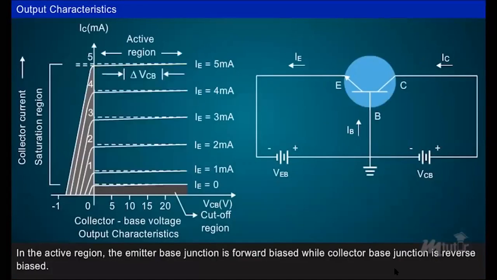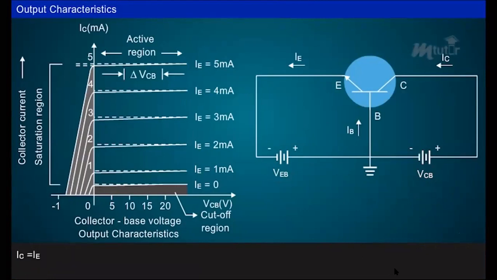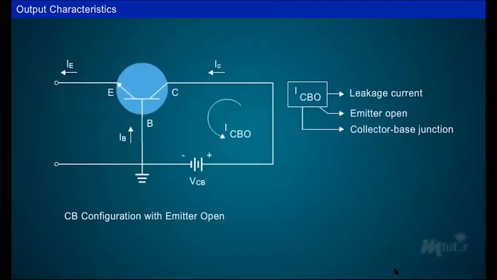For operation in the active region, the emitter base junction is forward biased while the collector base junction is reverse biased. In this region, collector current IC is approximately equal to the emitter current IE and the transistor works as an amplifier. If the emitter current is 0, the collector current is simply ICBO as shown in the figure.